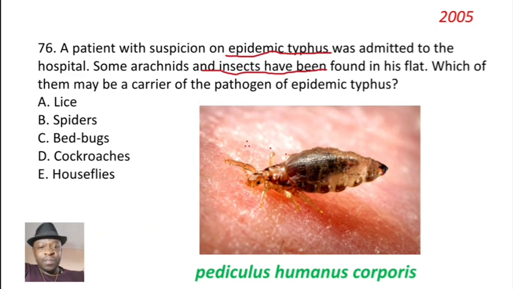You have Pediculus humanus capitis, which is mainly found in the head, and Pediculus humanus corporis in the body. That's why you find it on the seams of the clothes. And there is another form which affects the pubis region. It's also known as phthirios. You will see it later in this presentation.